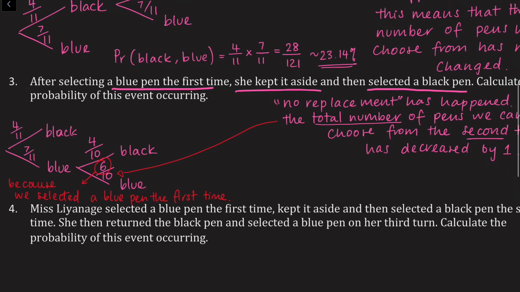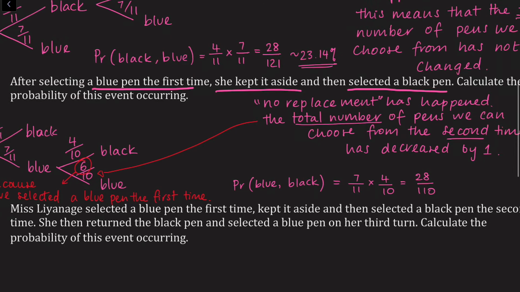So now, in order for us to calculate the probability of this event happening, let's write the probability of selecting a blue pen first and then selecting a black pen is going to be 7 out of 11 times 4 out of 10. So now that's going to be 28 on 110.